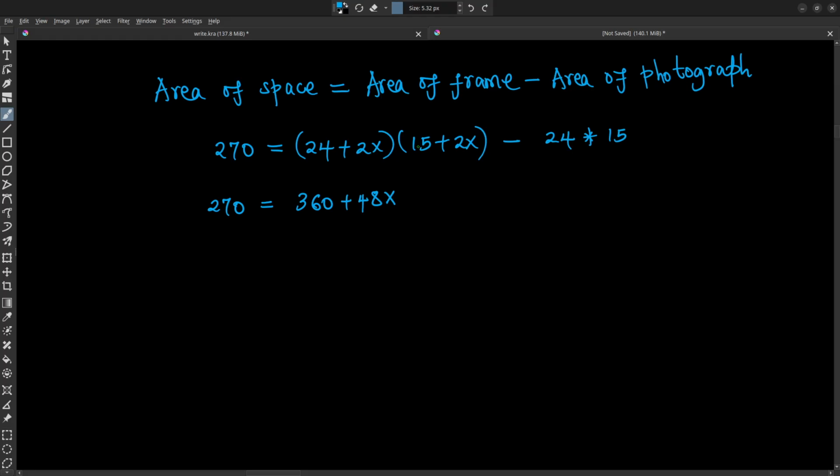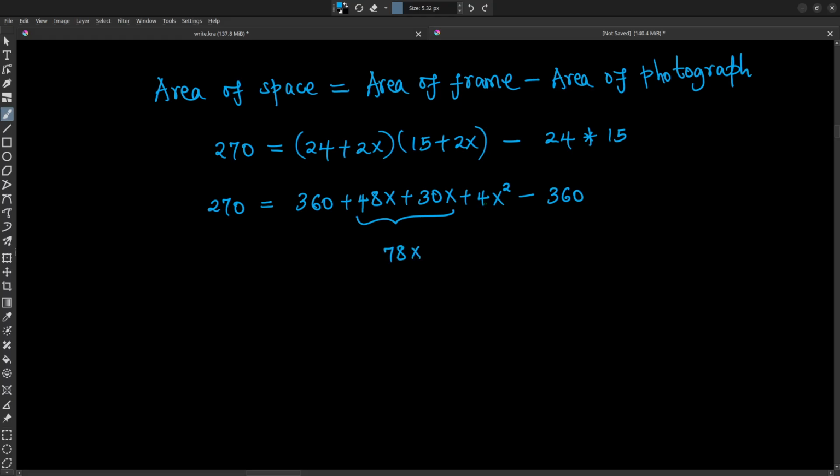Then 2x times 15 is plus 30x. Then 2x times 2x is plus 4x squared. And then 24 times 15 is 360. Okay, so we have 48x plus 30x, that's going to give us 78x.